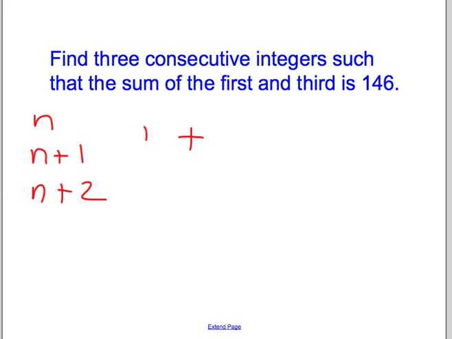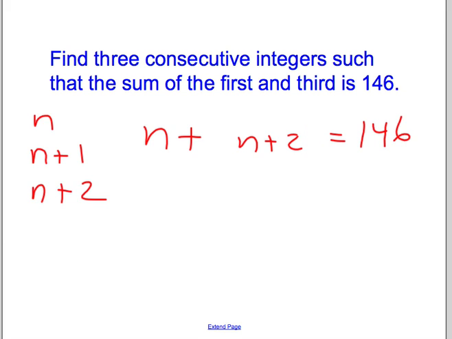N. And the third is n plus 2. And we want to think of this as one value, so it needs to be in parentheses. Is means equals 146. Since I have a plus sign in front of that parentheses, do I need the parentheses on that? No. So I'm going to just get rid of those.